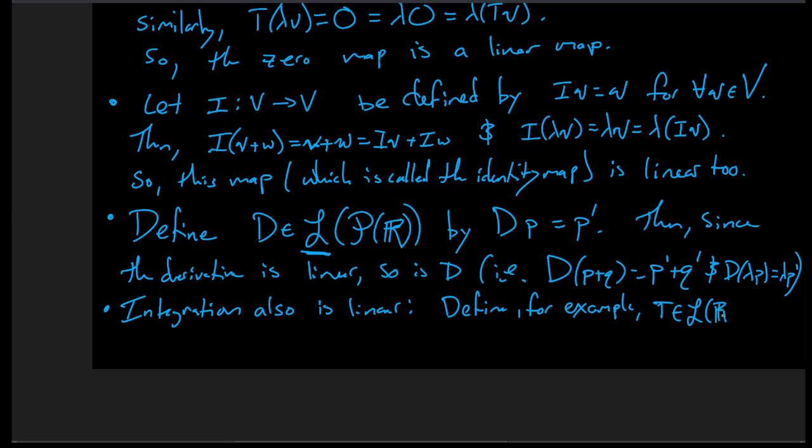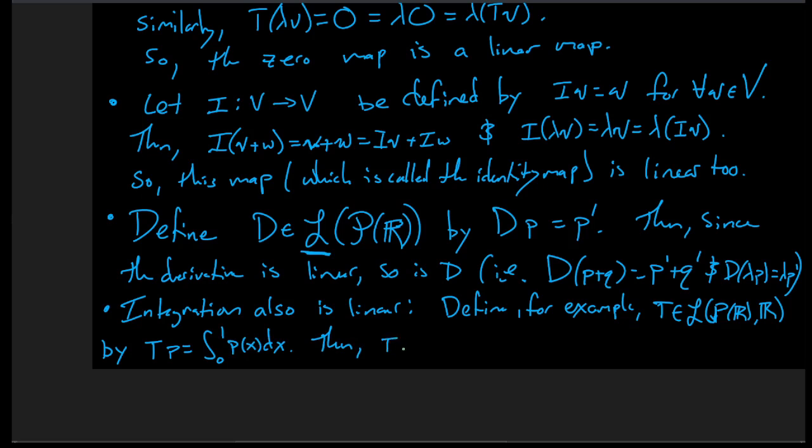Okay, here, let me make that R. And let's take this to be the polynomials, make that a fancy looking P, over R to R, by T of P is equal to the integral from, say, 0 to 1 of P of X dx.